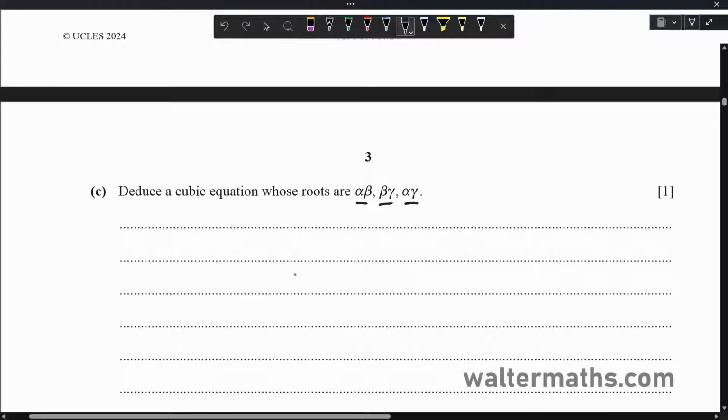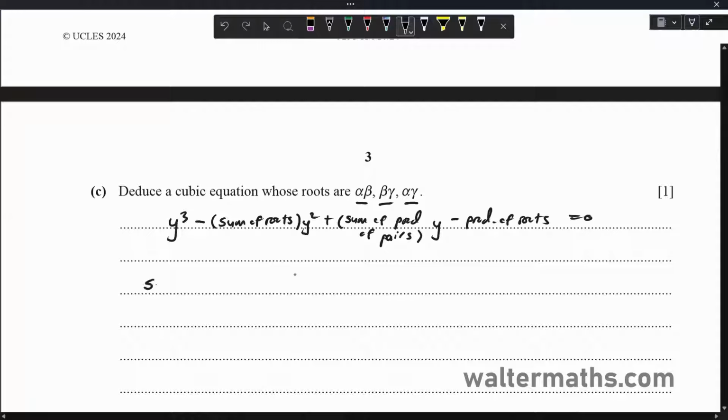We're going to use the fact that for this new cubic equation, in terms of y, it has to be y cubed minus the sum of roots of y squared plus the sum of product of pairs of y minus the product of roots equals 0. That is the structure of the new cubic equation we want to form.